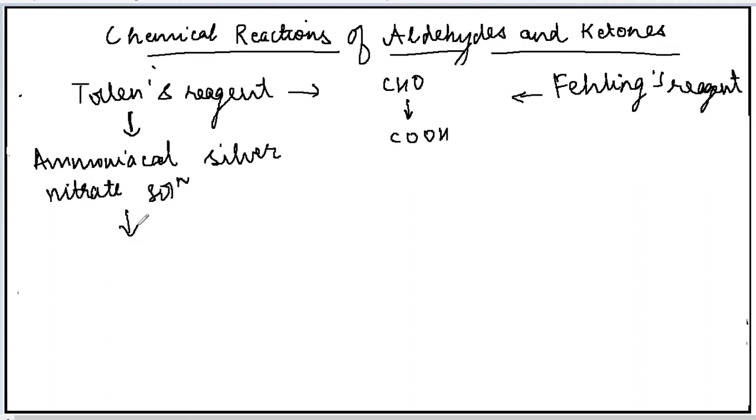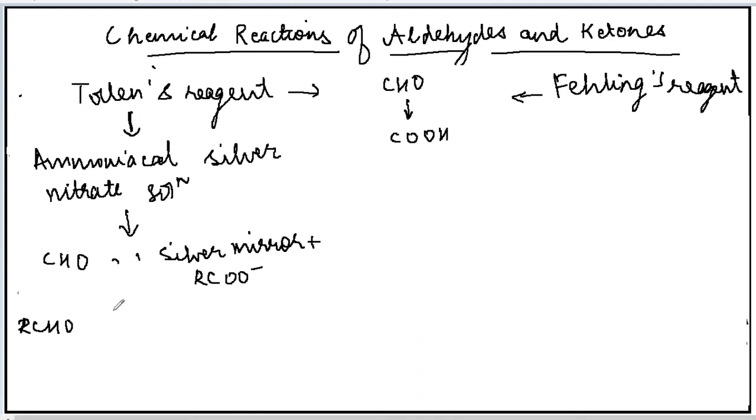How will Tollens reagent bring about the oxidation? On warming the aldehyde with this ammoniacal silver nitrate solution, a silver mirror will be formed, and this silver mirror shows that the aldehyde has been oxidized. Silver mirror will be formed along with your carboxylate ion. Just look at the reaction. This is the aldehyde.